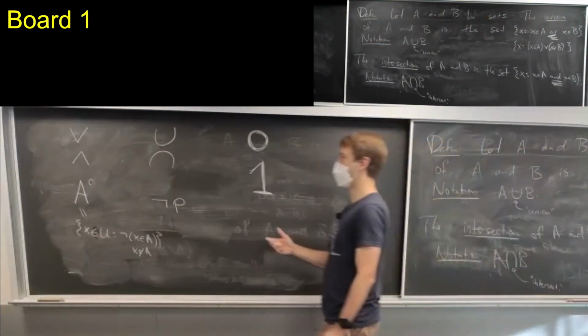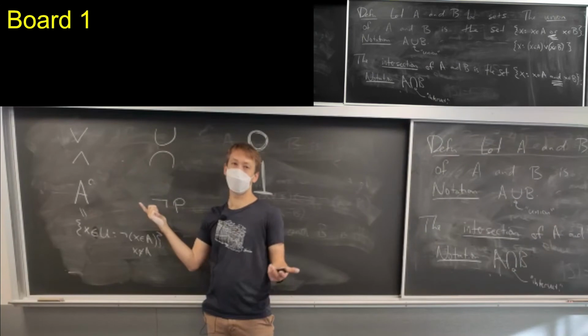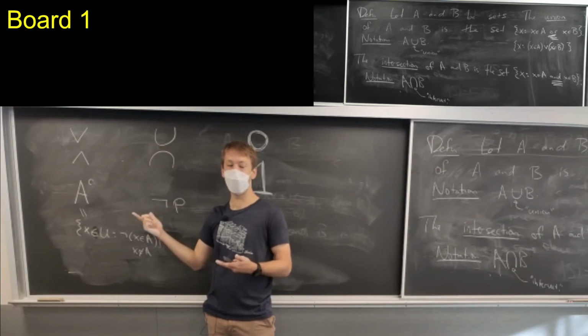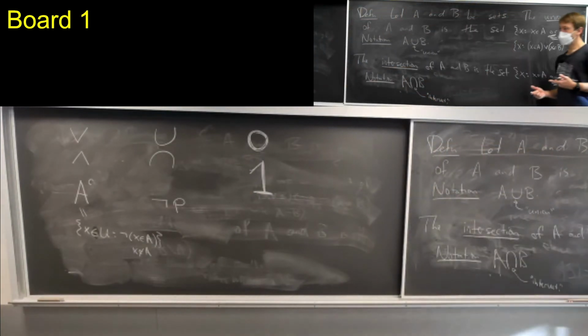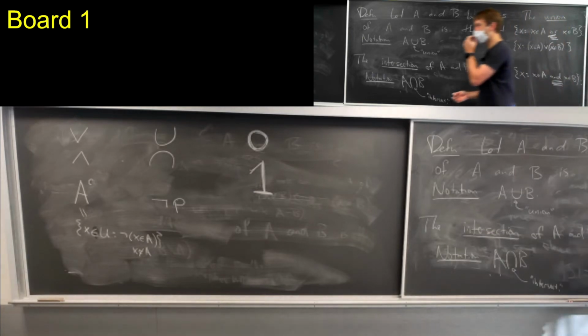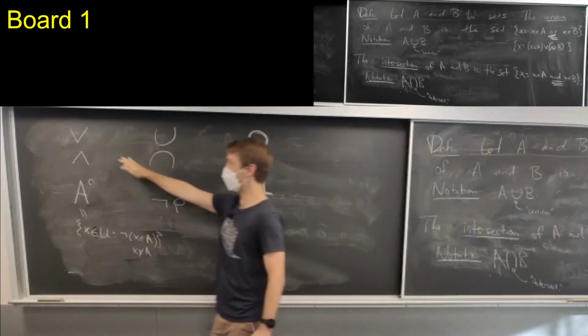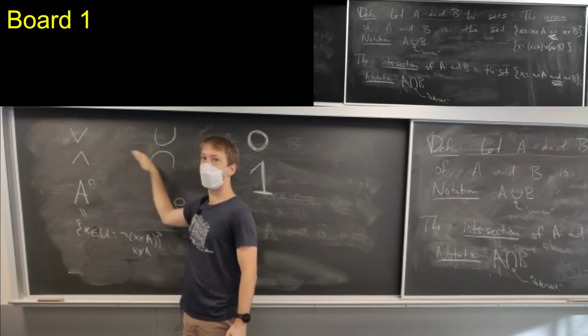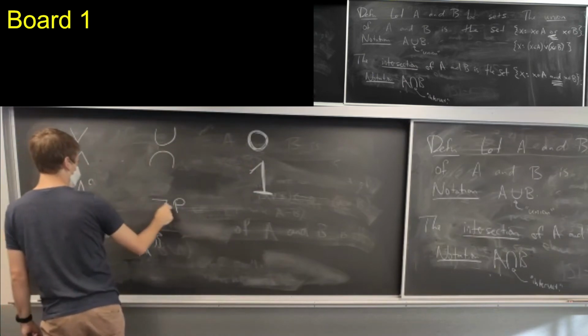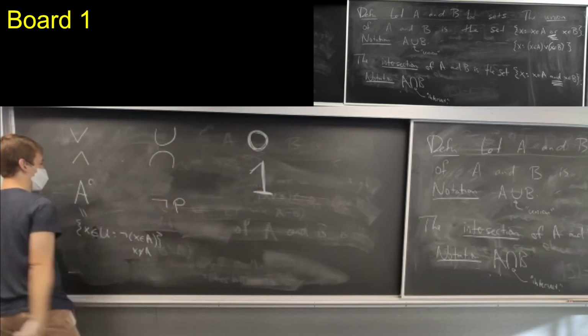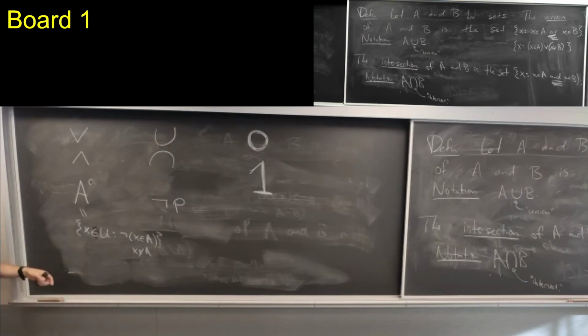Part of the point of making this connection is to help you remember these symbols and what they mean. The other part is that you remember all these laws of logic. Well, there's a whole thing in the notes called laws of set theory, but it's the same stuff, except you replace ors with unions, ands with intersections, and negations with complements.